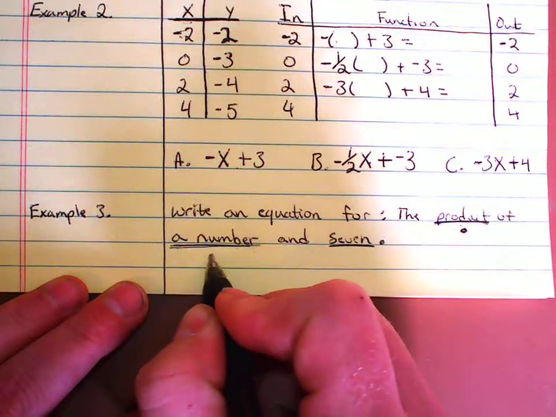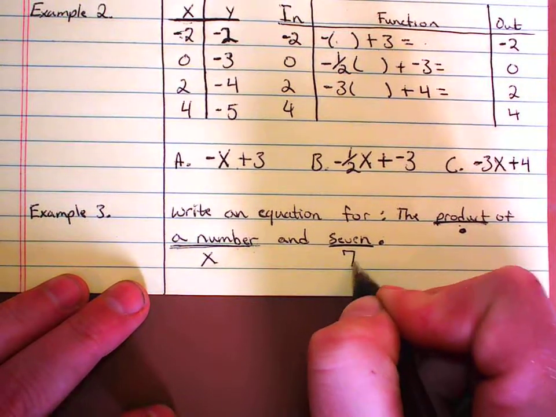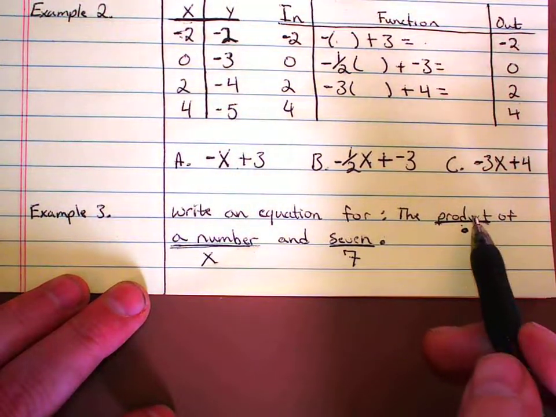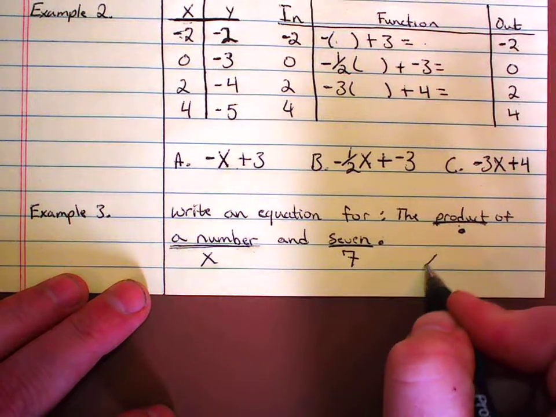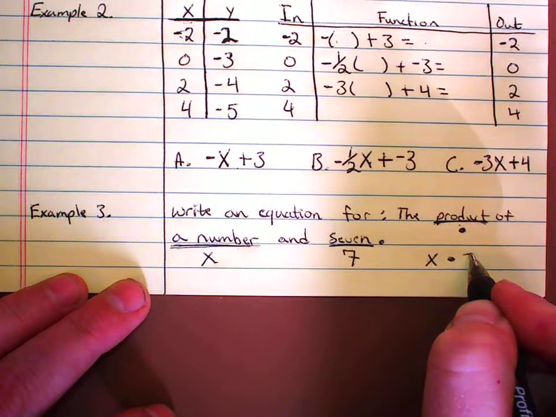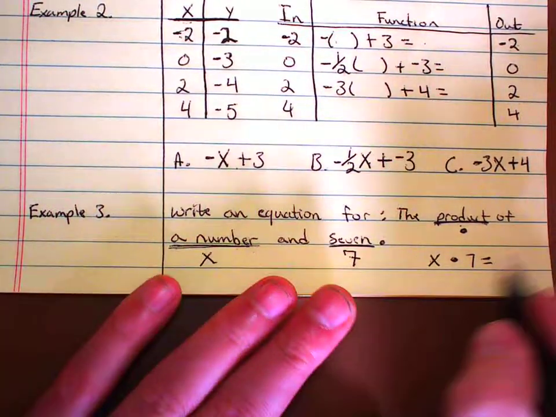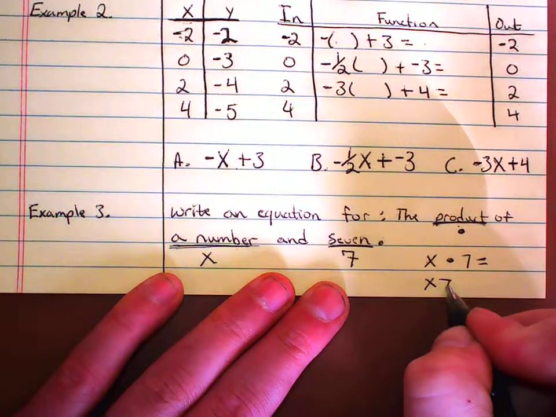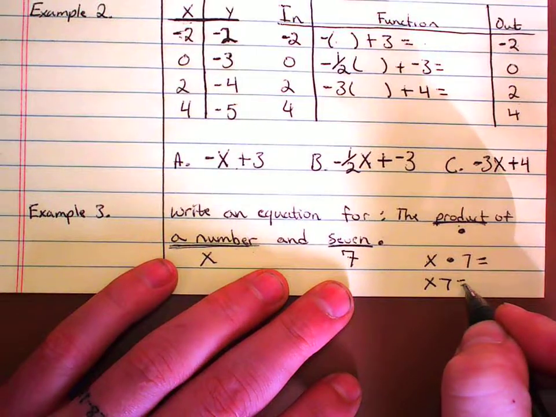A number, I'm going to use my variable x, and 7. So if I'm going to have the product of x and 7, then that's saying x times 7 is equal to whatever our answer is. Or you can write it as x7 or 7x. Either way is acceptable.